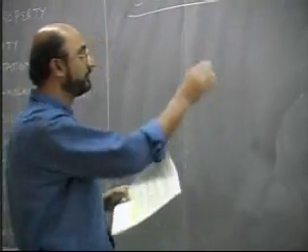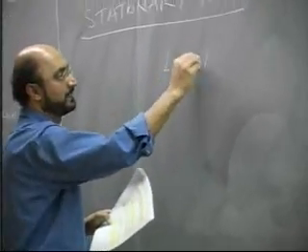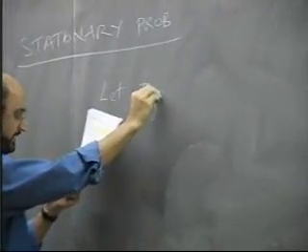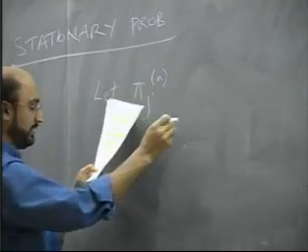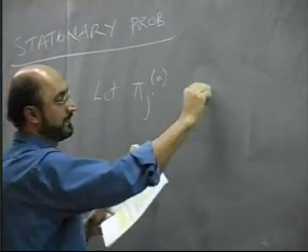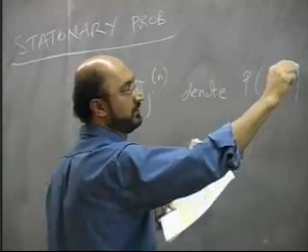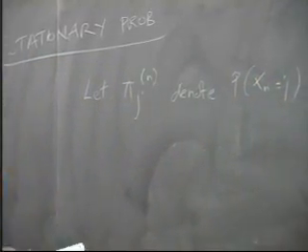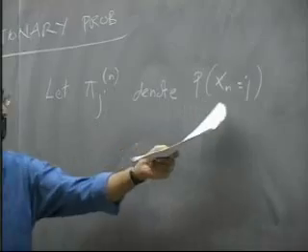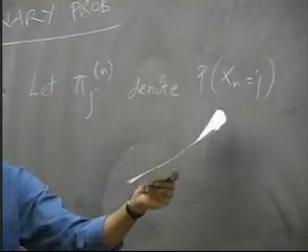All right, so let pi j n denote the probability that P(X_n = j). It's just notation. I'm saying, what's the probability that the random variable X_n in that family is j?